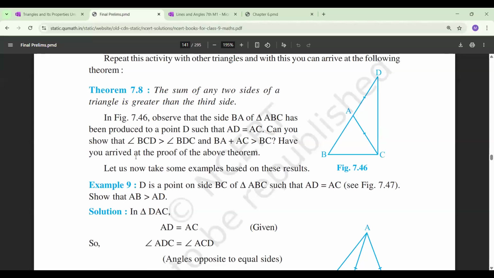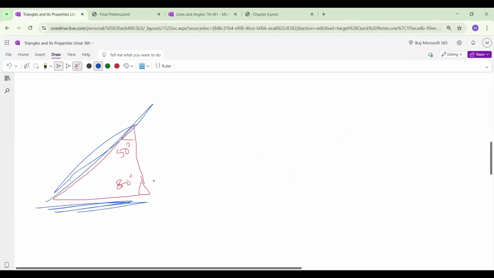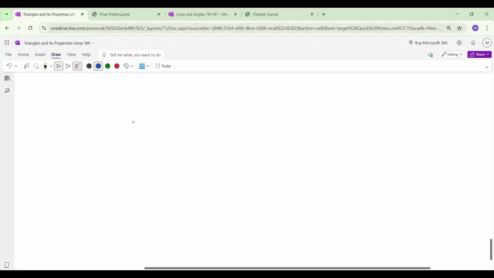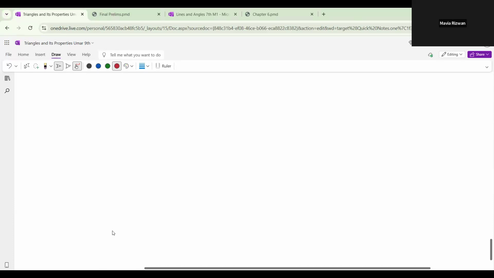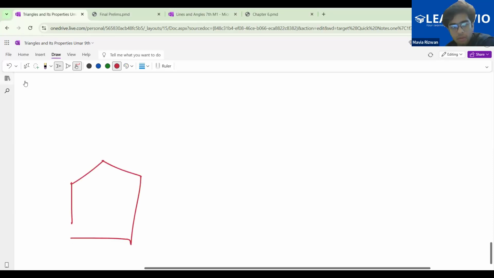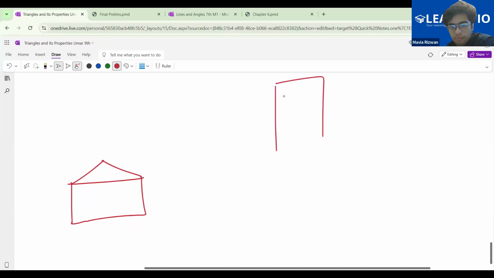Theorem 7.8 says the sum of any two sides of a triangle is greater than the third side. Very simple, very interesting. Let's say, Umar, this is your home and this is your school.